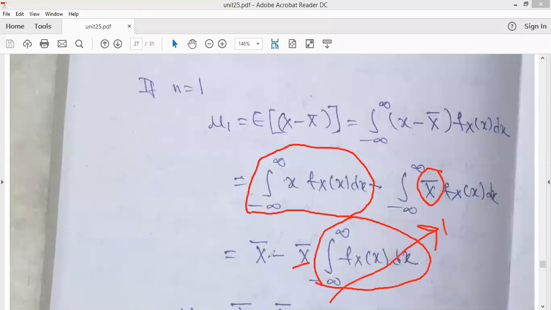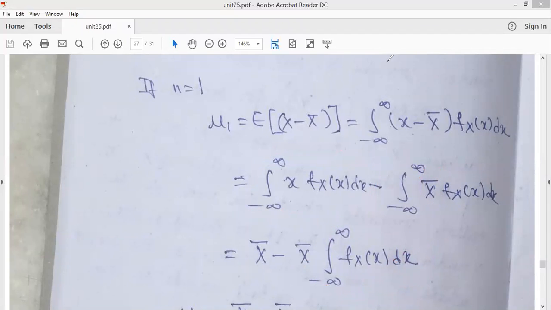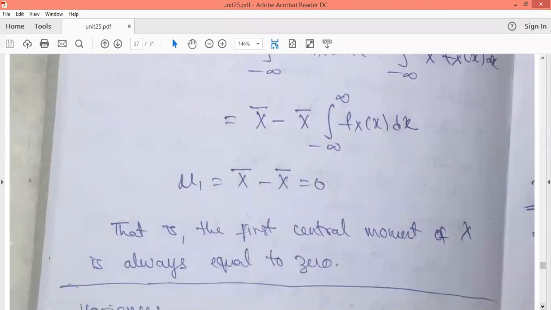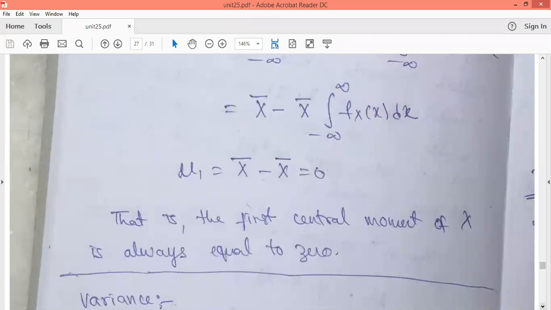So we are left with x minus x bar, and this value is equal to 0. From this we can say that the first central moment of x is always equal to 0.